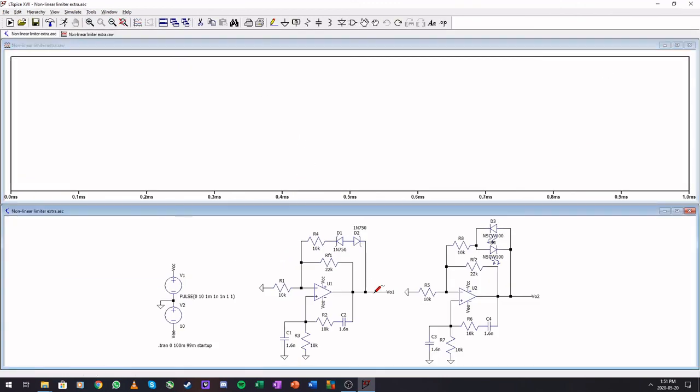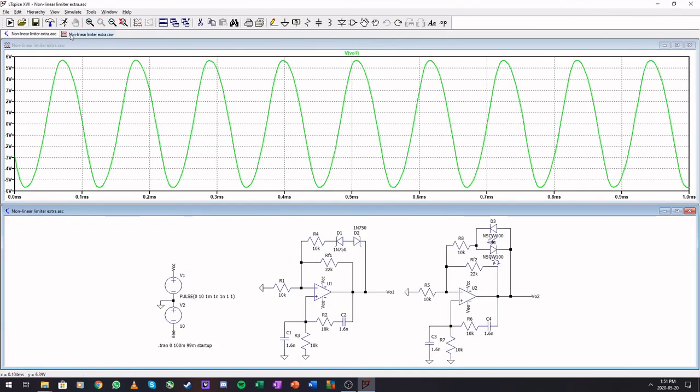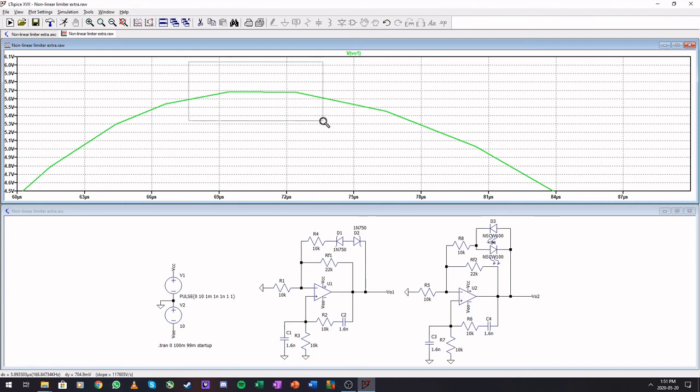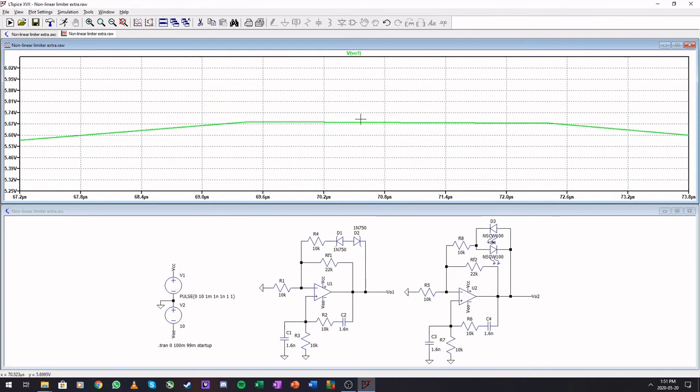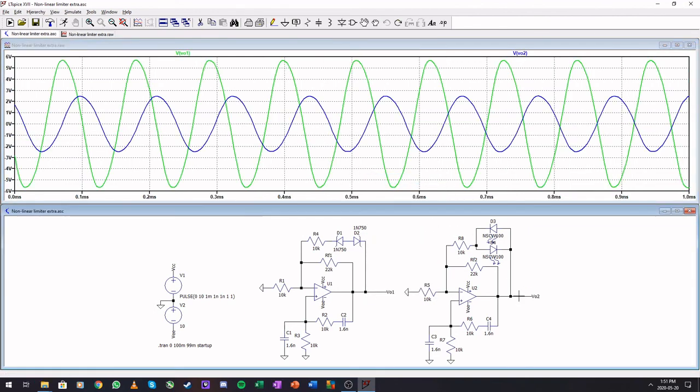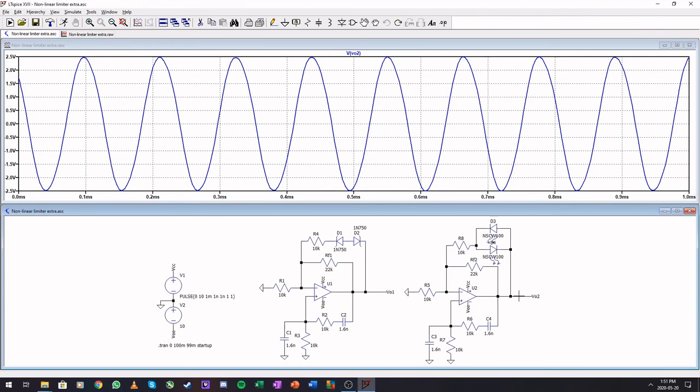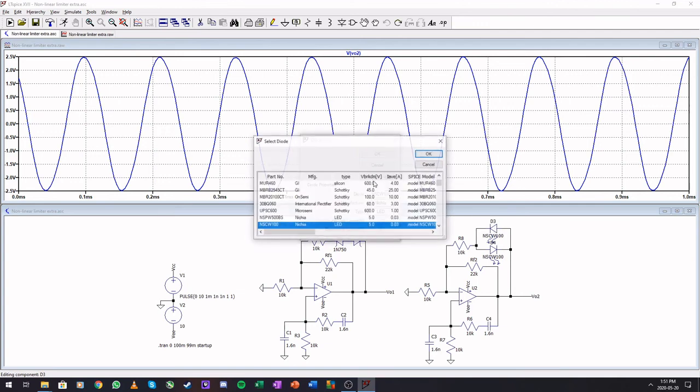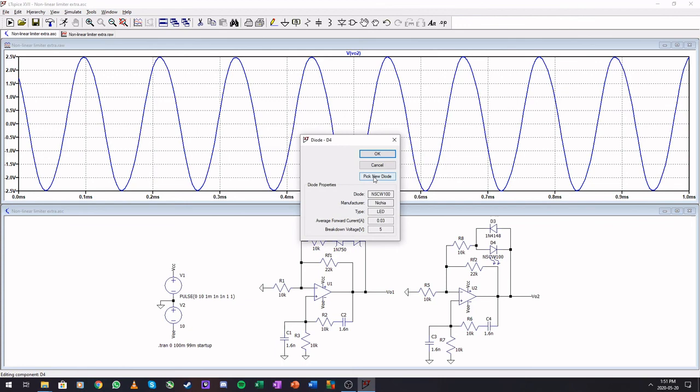Let's run this. About 5.4, a little bit higher due to the parasitics. And this one over here, 2.5. So we can also switch this out with, let's say, two signal diodes like this.